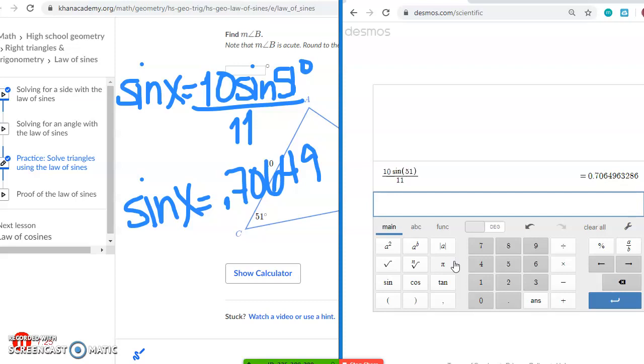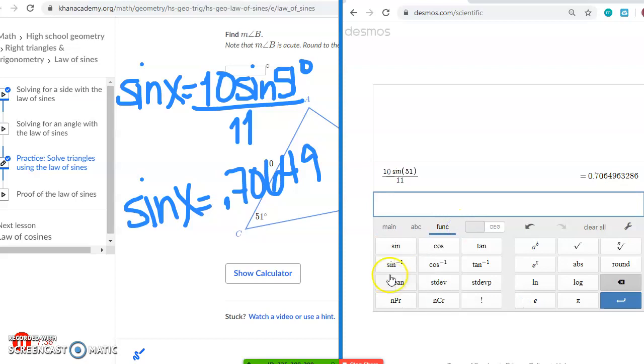Okay, so we know what sine of x is. How do we then figure out what x actually is? We've got to go over here to the function of the calculator and find our arcsine.